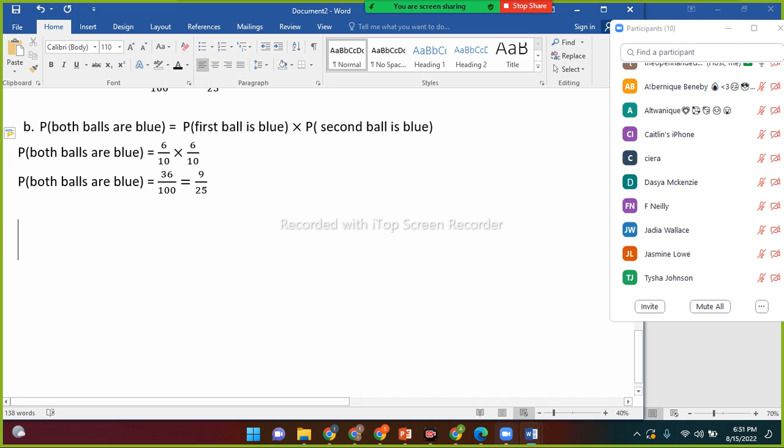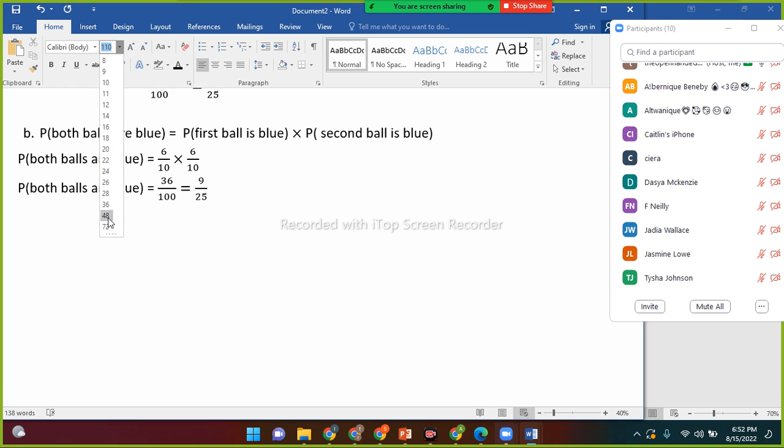Now we want C. So C is the probability that both balls are a different color.